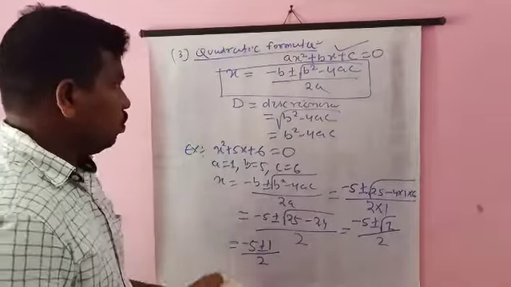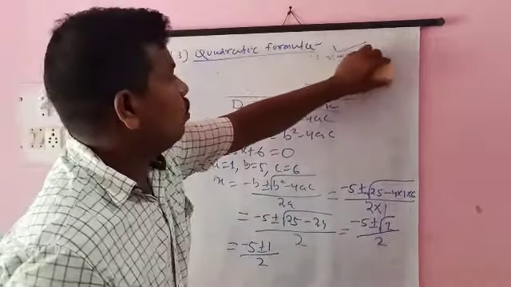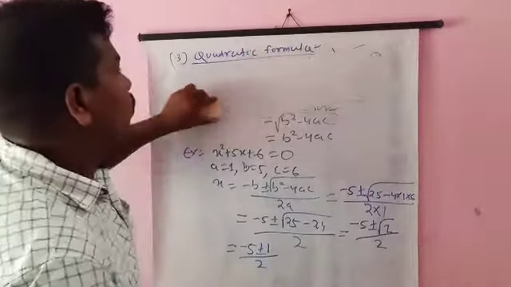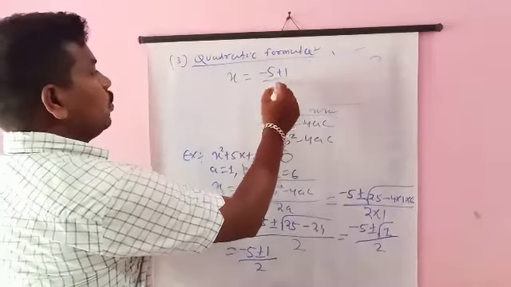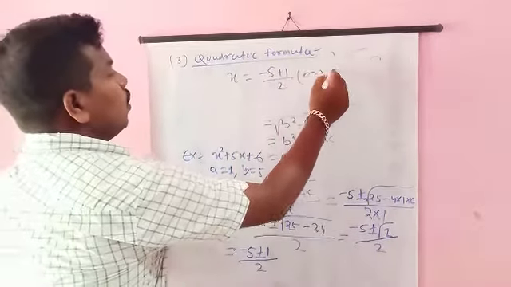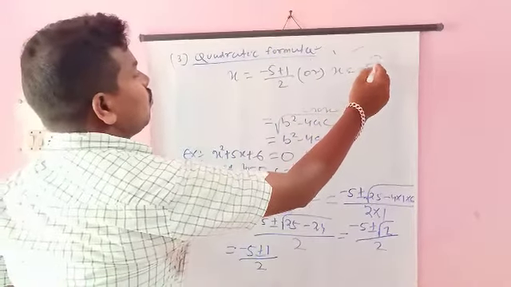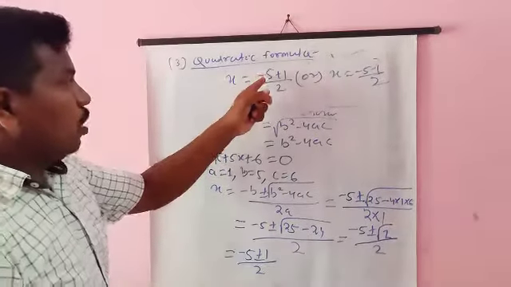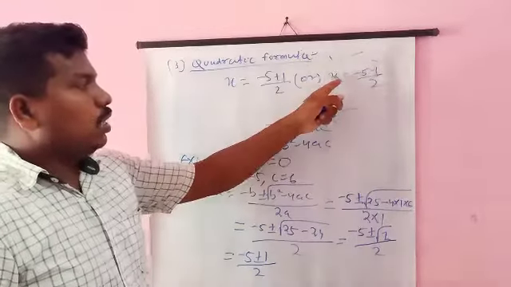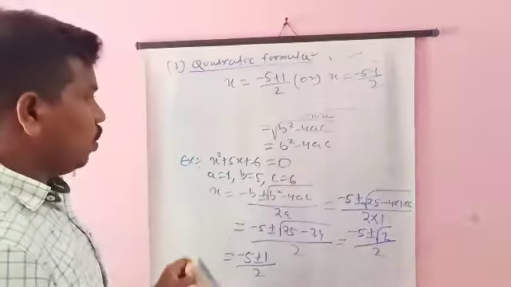So x equal to minus 5 plus 1 by 2, or x equal to minus 5 minus 1 by 2. There are two roots here.